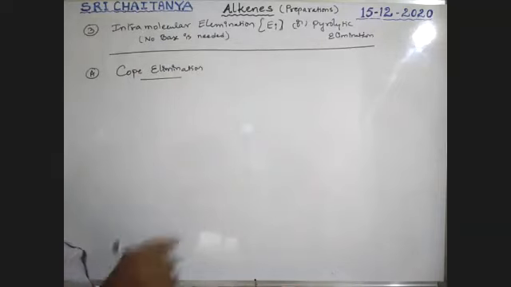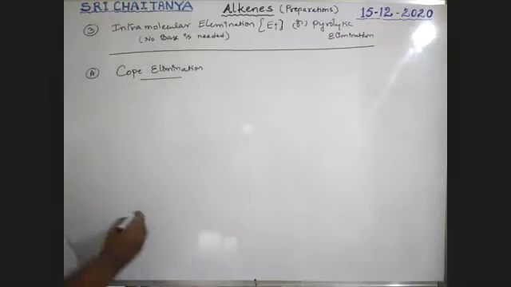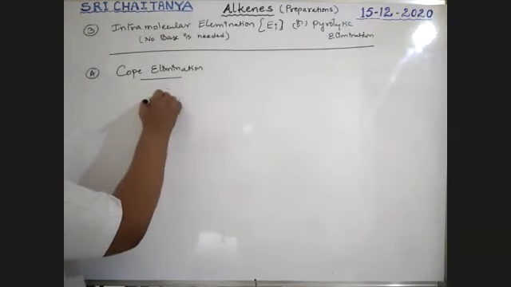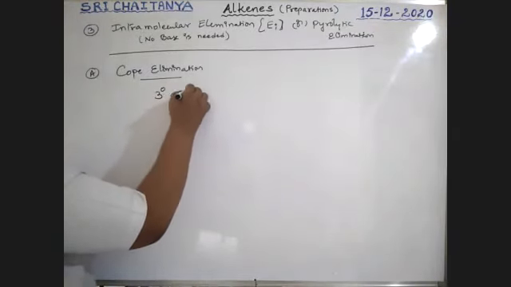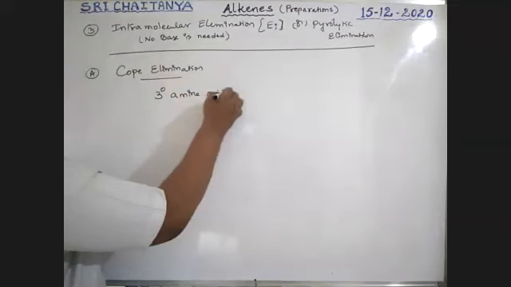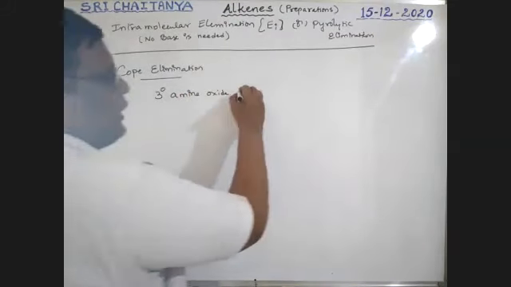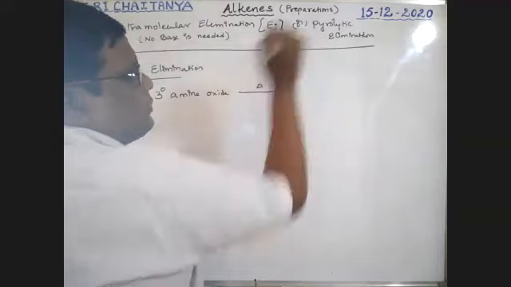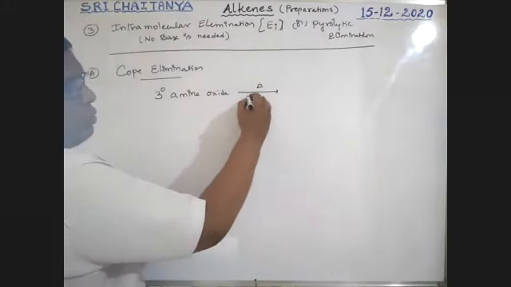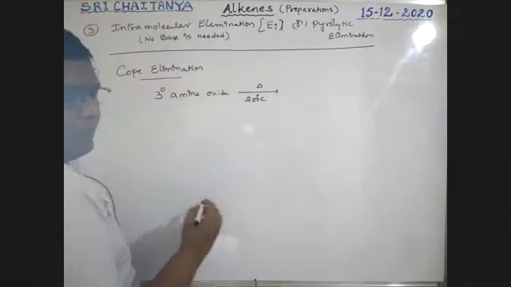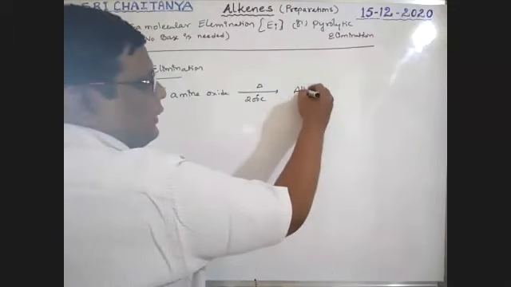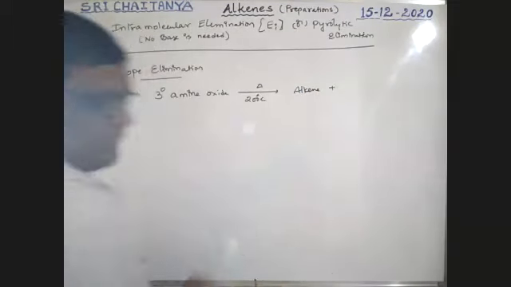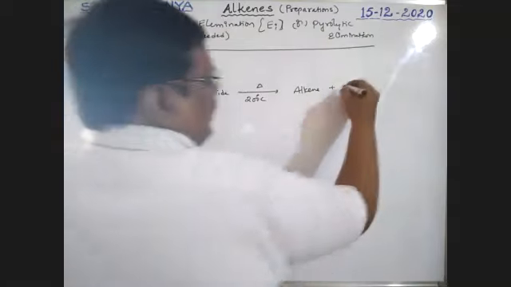It is just Cope elimination. What happens here? Tertiary amine oxides on heating, because heating means pyrolytic, at about 200 degrees centigrade give alkene plus hydroxylamine.